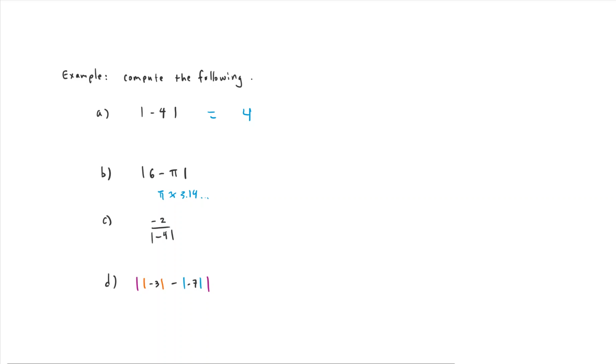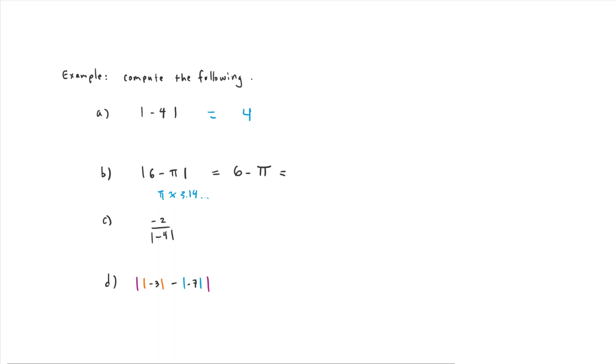But we could just leave it as it is, but make sure that when we rewrite it, we get the sign right. If we wrote pi minus 6, notice that since 3.14 is smaller than 6, the result is going to be negative, so we wouldn't want to do that. We could just say 6 minus pi, and then we could drop the absolute values, because when we actually figure this out, we would get a positive answer.